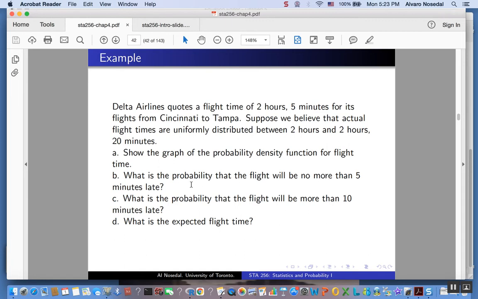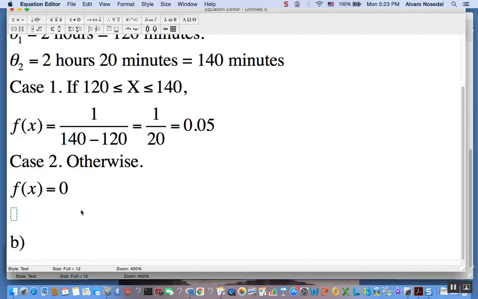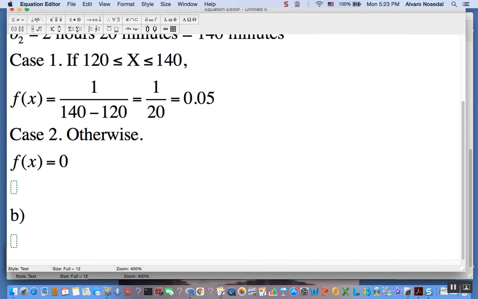So we want the probability of x being greater than 125 and less than or equal to 130 minutes. Make sense? That's the probability of the event that we want. Probability that x is between 125 and less than or equal to 130.